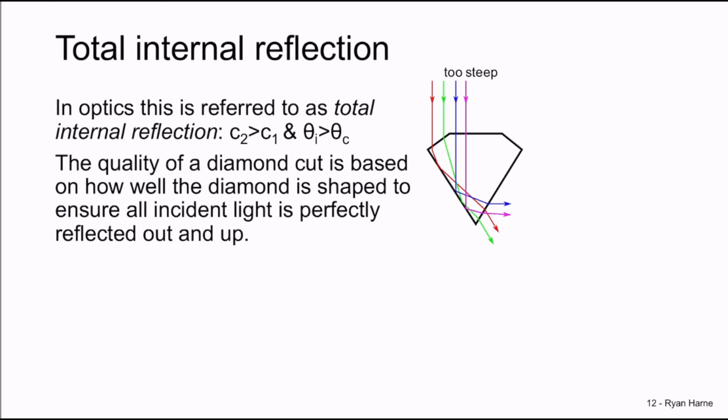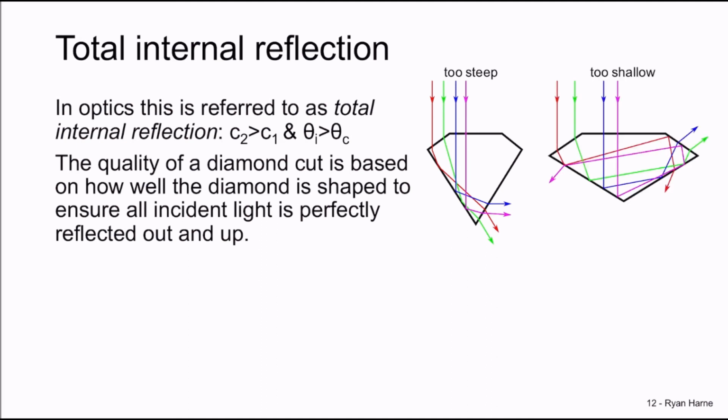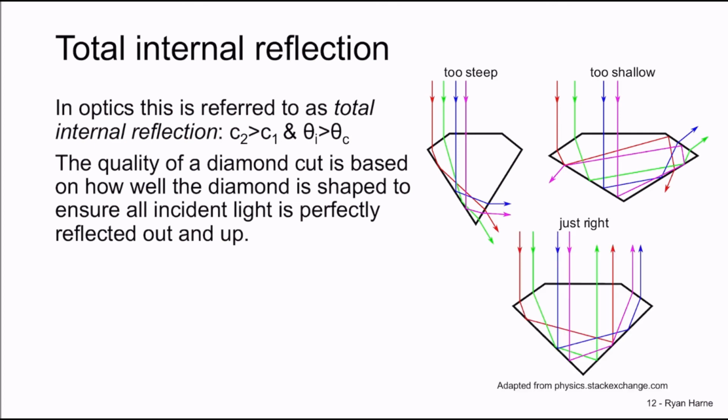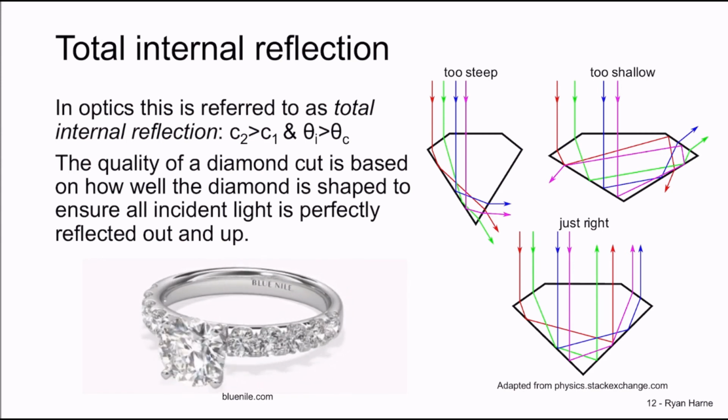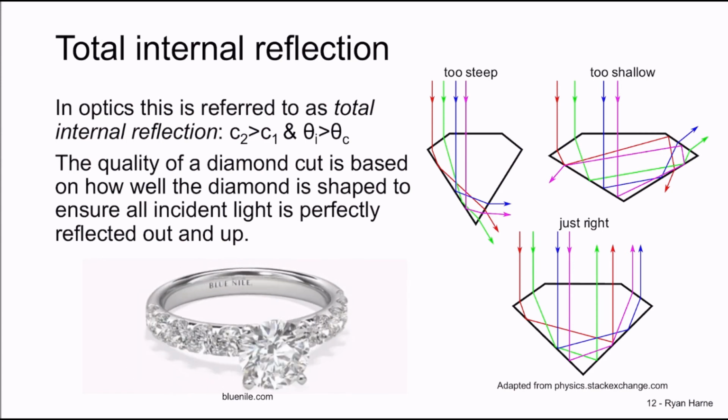In this case, the light passes mostly down beyond the diamond. The diamond would look clear. In the case of a too shallow cut, the light is unequally diffused back out. But for a perfect cut, the light reflects out and up back where you're looking, so that the ring that you're looking at sparkles in every direction that you look at it.